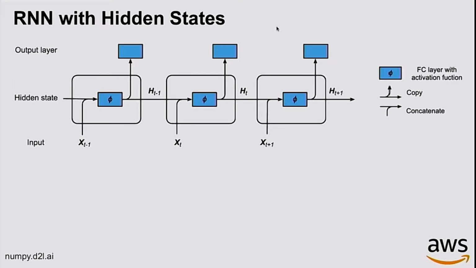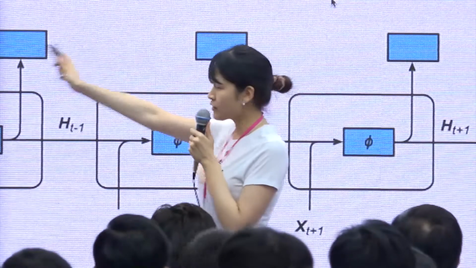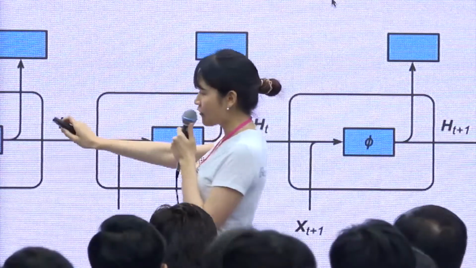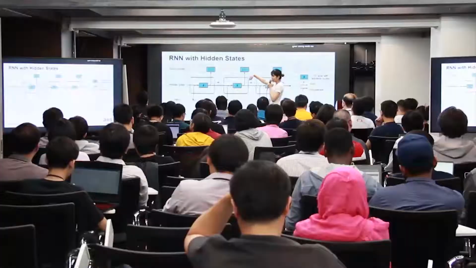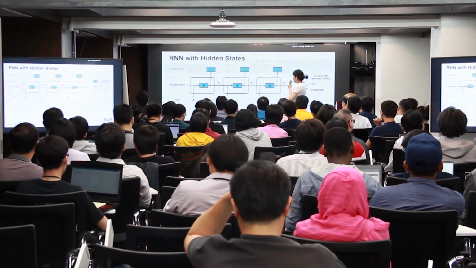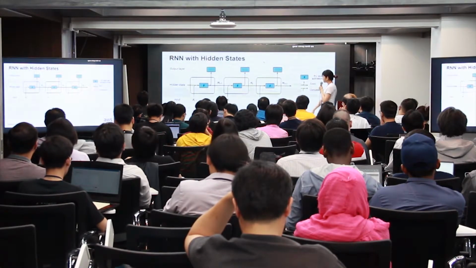For example, you will see input from time step t minus 1 to time step t to the next time step t plus 1, and you will have the output coming out. In each of the big squares here, you will have an activation function, probably sigmoid or ReLU, etc., within the hidden states. So what is the formula here?